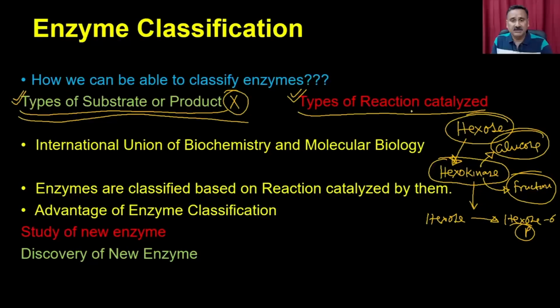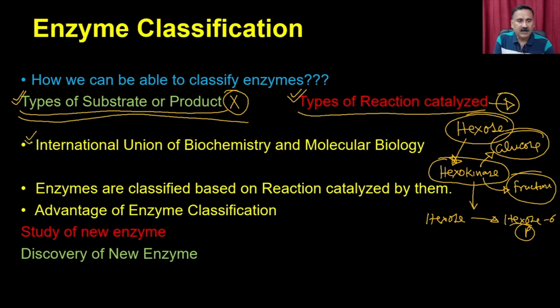The substrate specificity can be modulated for an enzyme, but the reaction it catalyzes cannot be changed until you change other parameters. So that could be one of the criteria based on which people started classifying the enzymes.